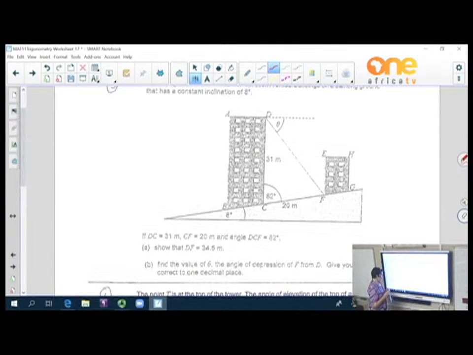So they say if DC is 31, CF 20, angle ACF 2 degrees, this is what we have here. This is not a right angle triangle. That's what we realized in the first place. It's not a right angle triangle. And we have to calculate DF. So to find DF, is your third side of not a right angle triangle.